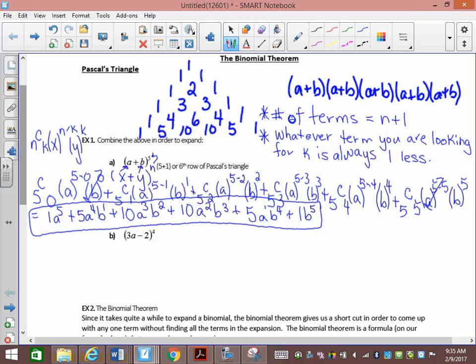So what some people do is they'll follow the back part of the binomial theorem, and they'll go, oh, okay, we're in the 6th row of Pascal's triangle because n is 5, so I need 6 terms, right? So then I have to find the Pascal's triangle line that has 6 terms, and then just put those in front instead of going 5C0, which is 1. I promise you, in my head, maybe in yours it's easier. I just like 5C0 because I'm going to have the 0 to plug into here anyways.